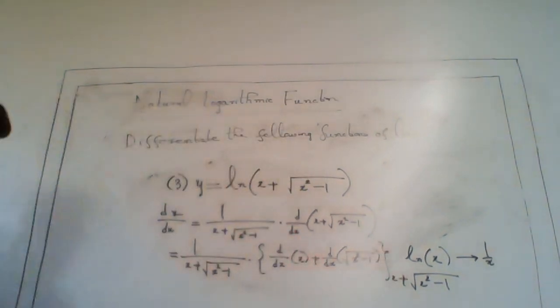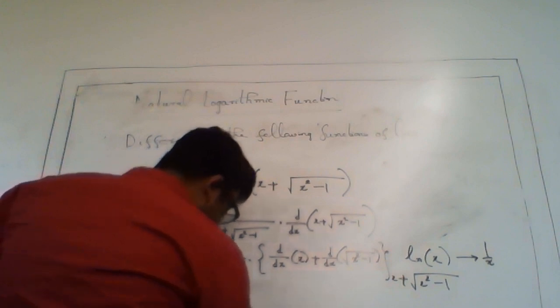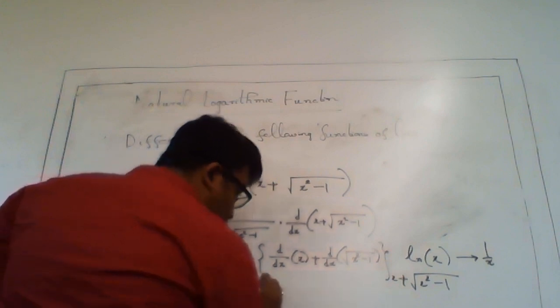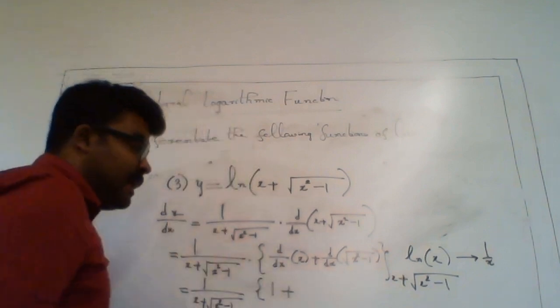Now d/dx of x is just 1, and d/dx of square root of x squared minus 1 is half.